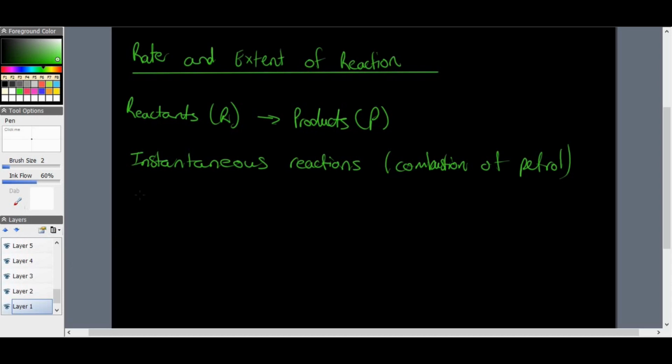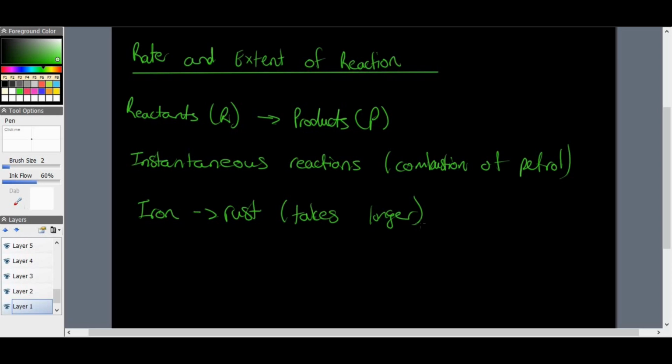However, other reactions, such as iron, take longer. The reaction that happens with iron is rusting. This reaction takes much longer; it happens over time. Rust doesn't happen immediately or instantaneously. Rust happens over quite a long period of time.